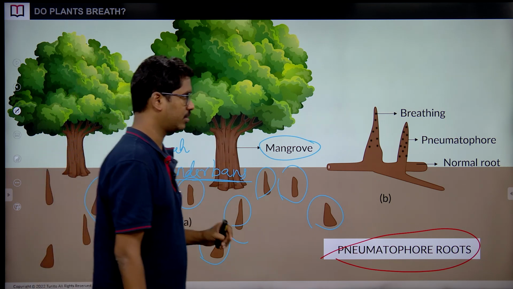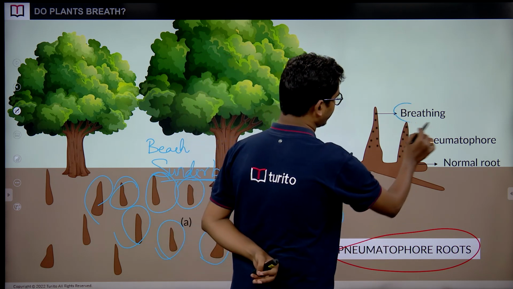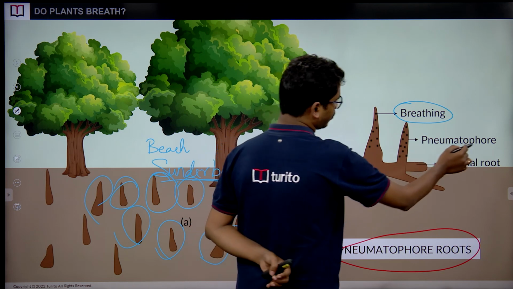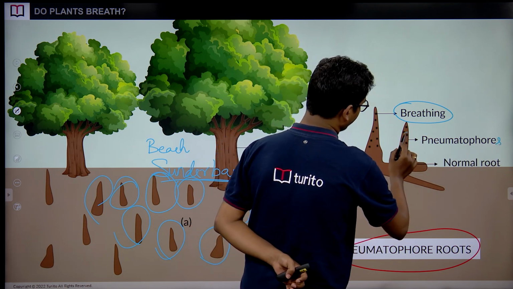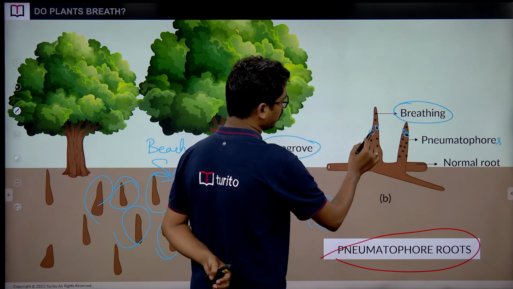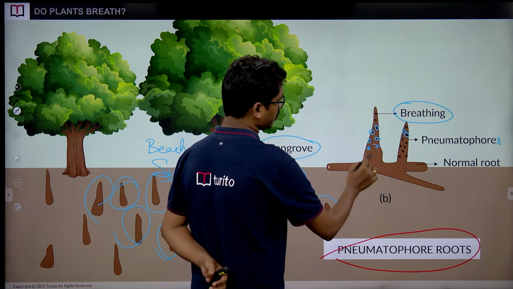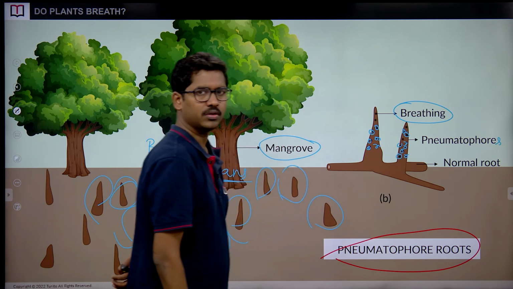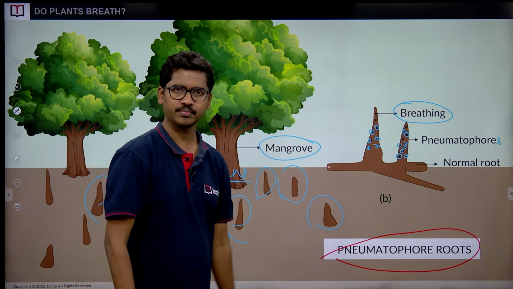So, why do they come up? Because they come up for this particular reason. Using these small openings, they are known as pneumatophores. All of these openings are known as pneumatophores. So, these pneumatophores are more important for us.